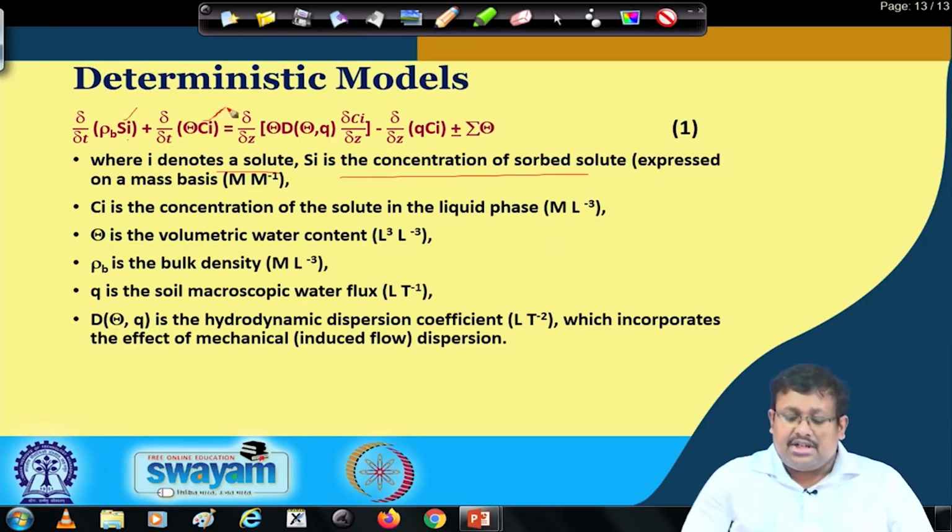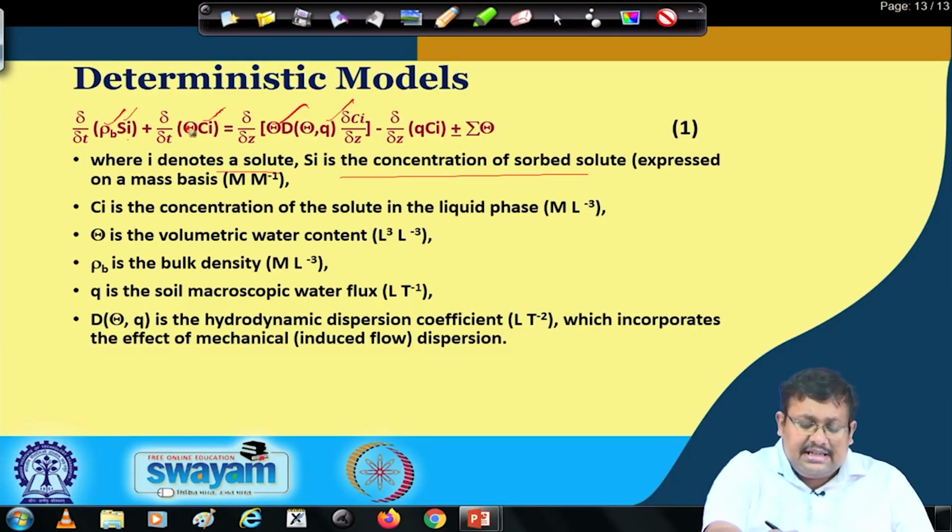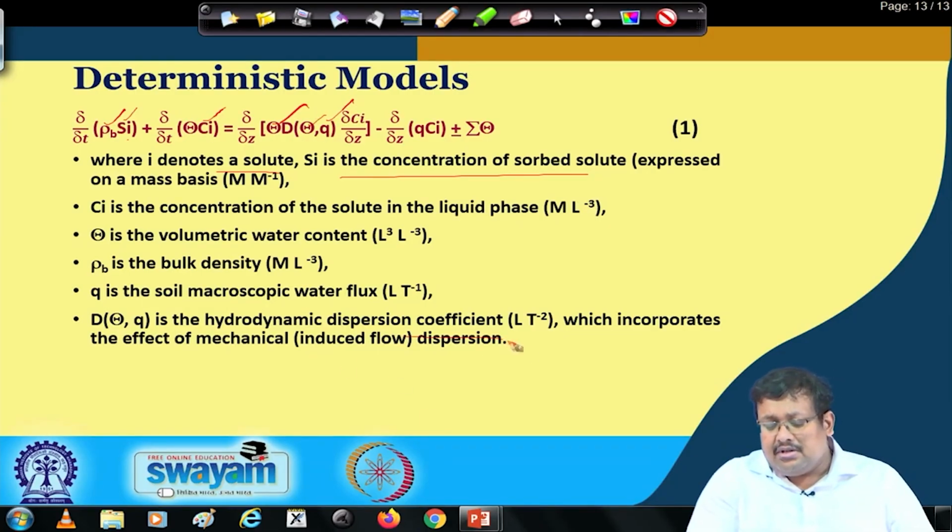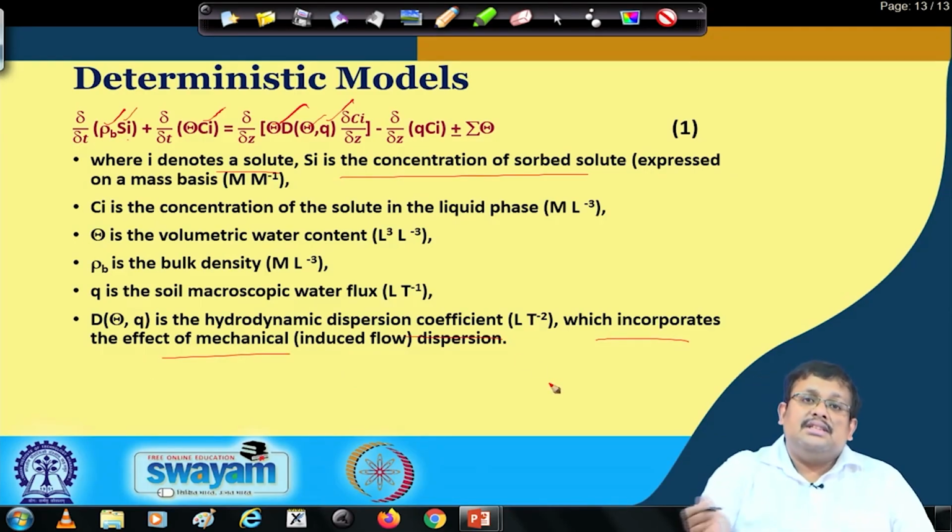Ci is the concentration of the solute in the liquid phase. Theta is the volumetric water content. Rho b is the bulk density, and q is the soil macroscopic water flux, whereas D theta is the hydrodynamic dispersion coefficient, which incorporates the effect of mechanical or induced flow dispersion.